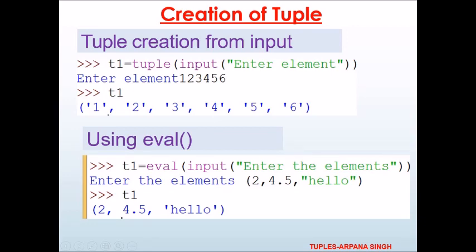When you are entering the data, you have to enter it in round brackets, then value, comma, value, comma, value, and close the round bracket. So when you print t1, you will get the tuple. So this is how you create a tuple using the tuple function or eval function.